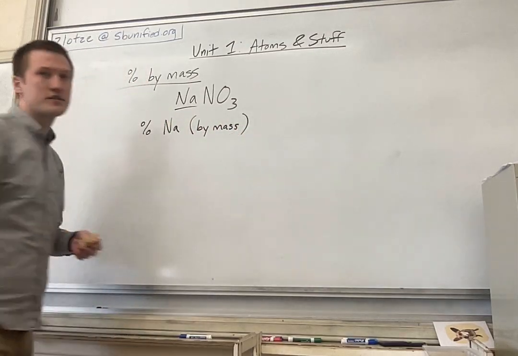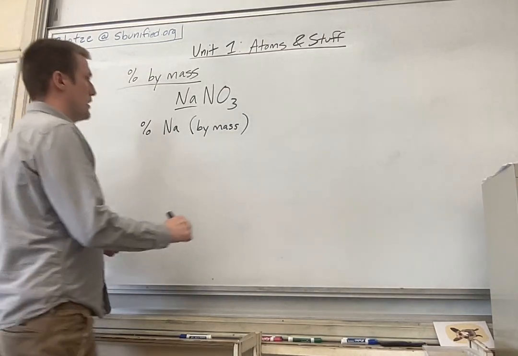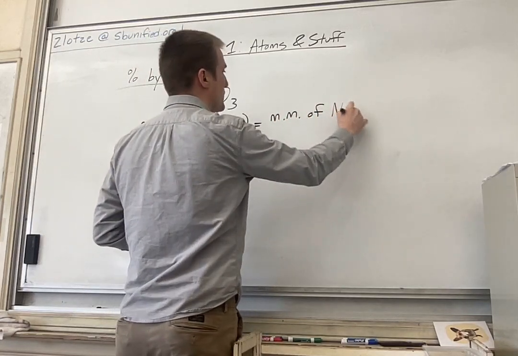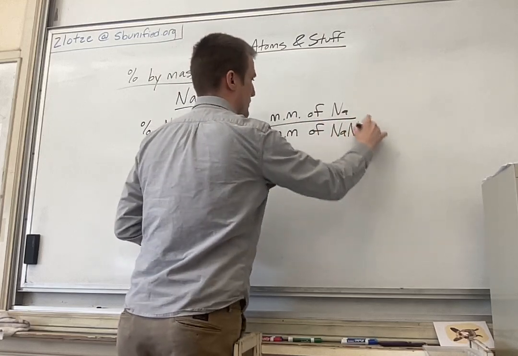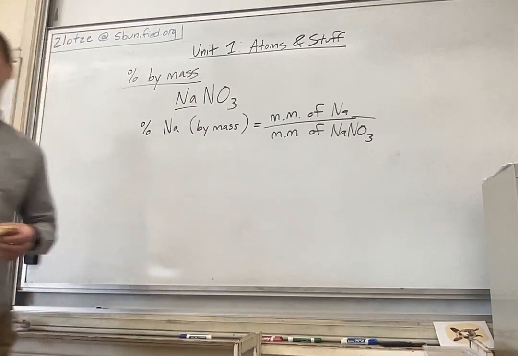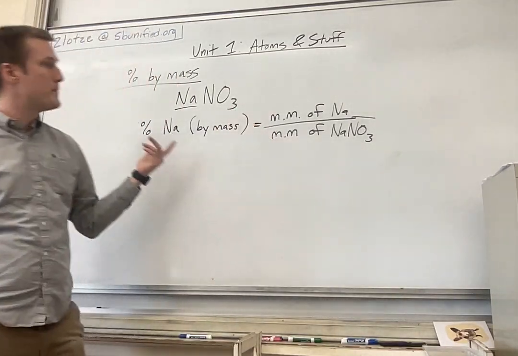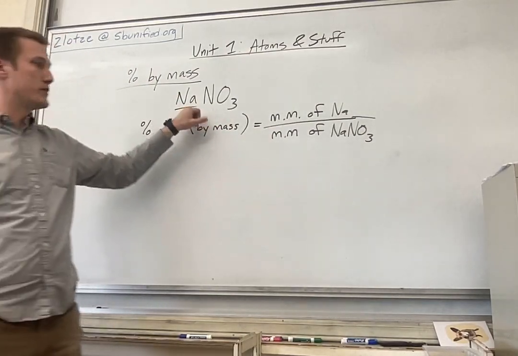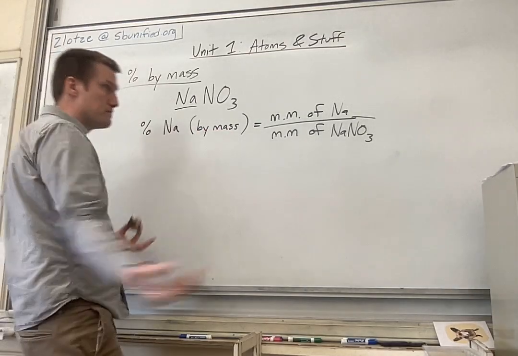Unless they say otherwise, they mean percent composition by mass, not by volume or whatever. That's easy. Okay, so you can find the molar mass of sodium divided by the molar mass of the whole compound. Right? Because molar mass is also the mass of a particle in AMU. So how many AMUs out of this formula unit are made of sodium compared to the total mass? That's the percent by mass. It's like calculate a percent from a total.